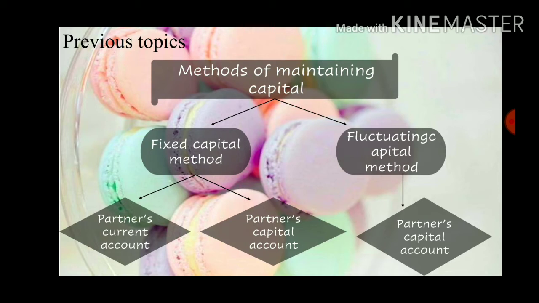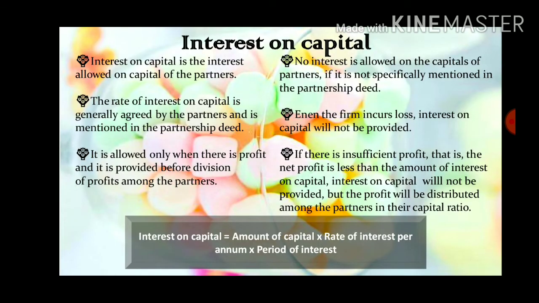The first is the partner's capital account, and the remaining entries are posted to the current account. The second method is the fluctuating capital method, in which only one account is prepared, that is the partner's capital account.